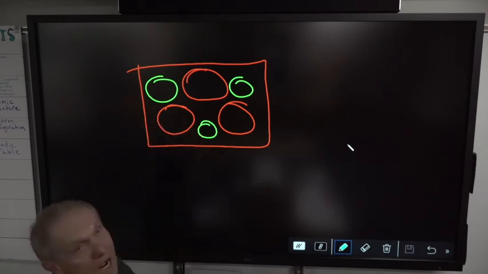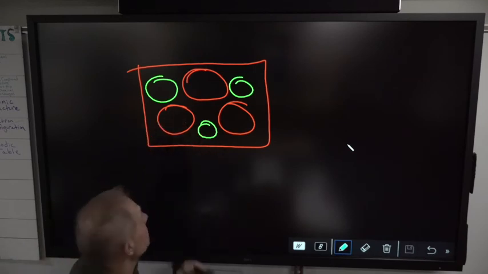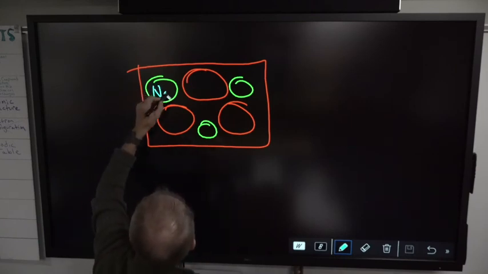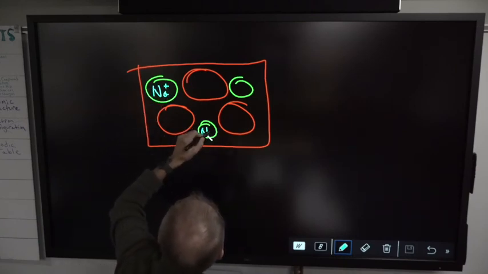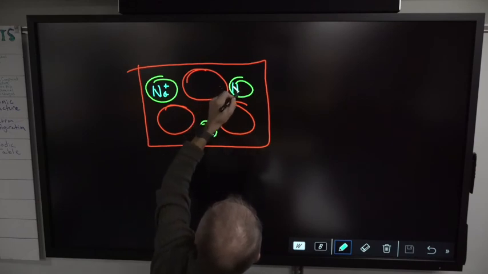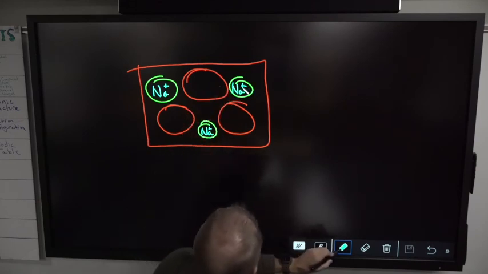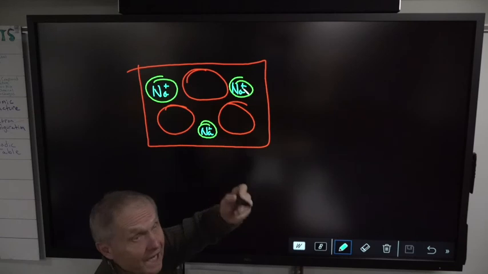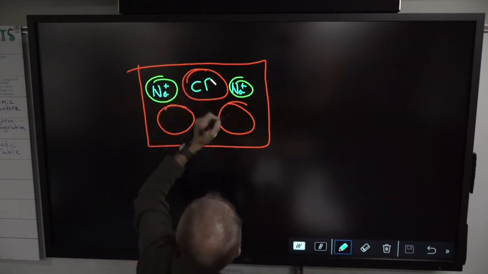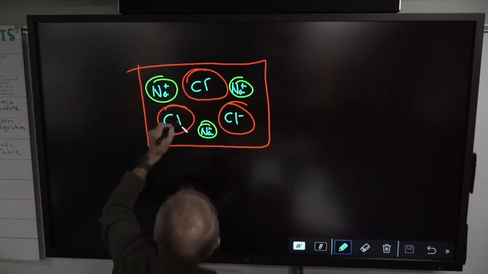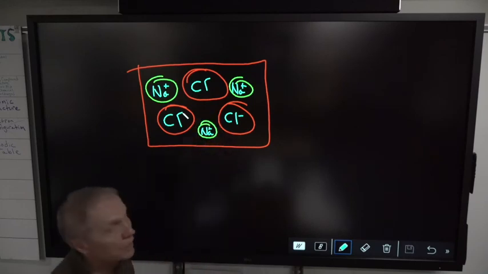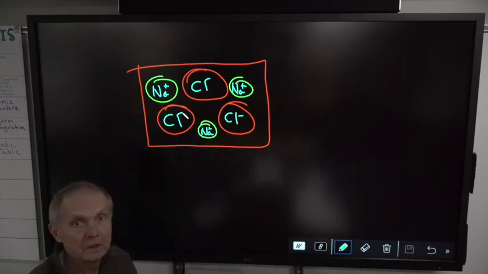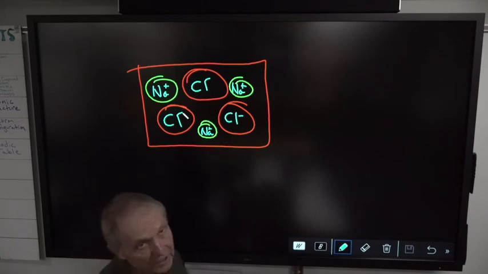The smaller ions, remember, are going to be the Na pluses. And then the bigger ions, the ones that gained electrons, can be the Cl minus. So that is a crystal of salt. Now, don't forget, there was a total transfer.